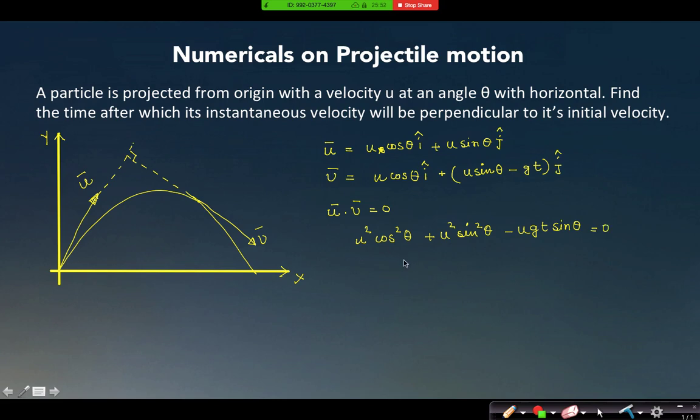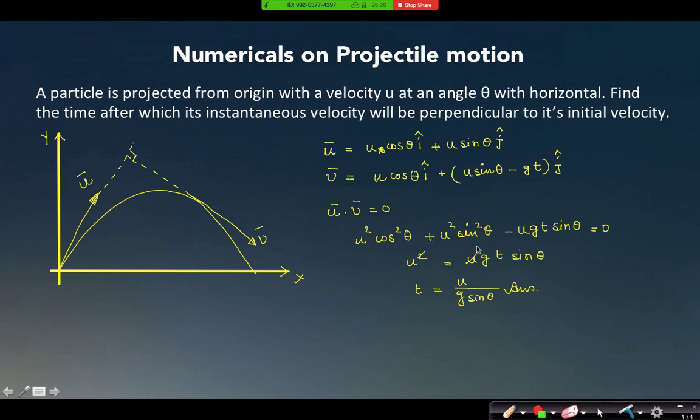Now what is cos square theta plus sin square theta? We all know it is 1. As u is not equal to 0, I can cancel it. So you can find t is equal to u by g sin theta. So that is one solution of this question.